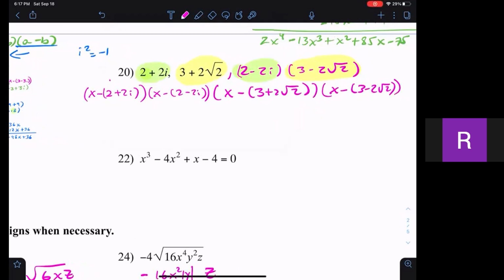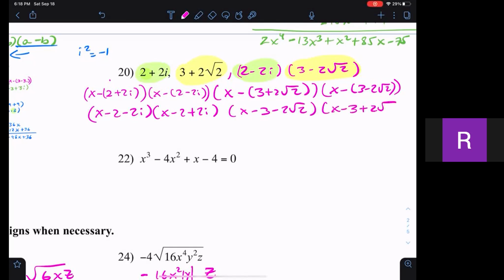So this is going to be x minus 2 minus 2i, x minus 2 plus 2i, x minus 3 minus 2 square root of 2, x minus 3 plus 2 root 2, right? So the same thing like the previous one, right? This is binomial, a squared minus b squared, a plus b, a minus b.